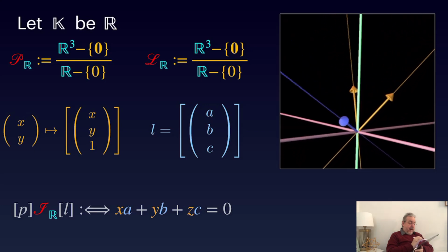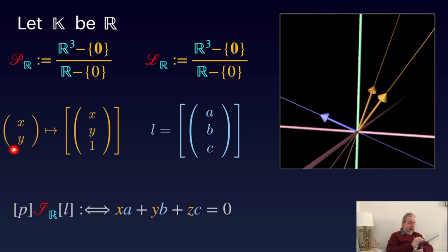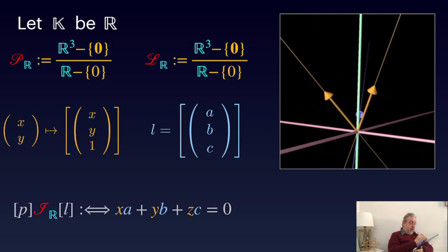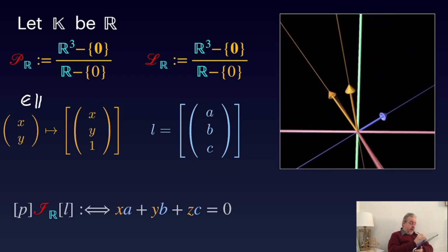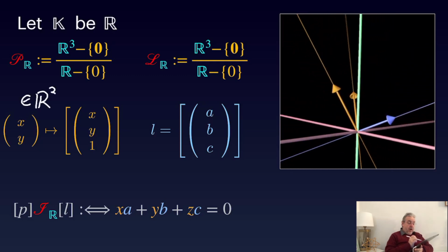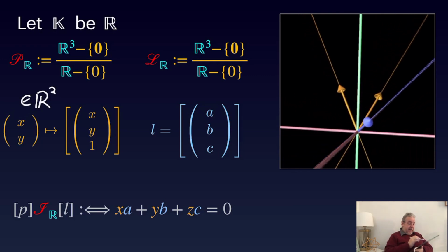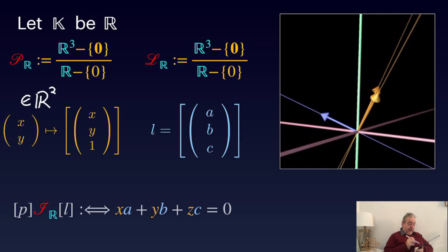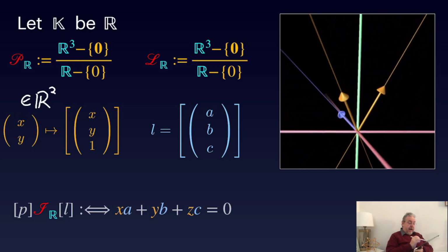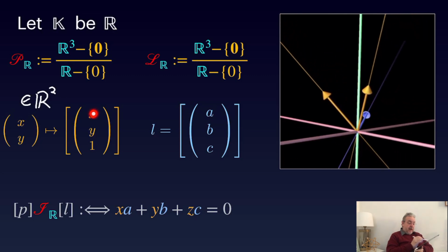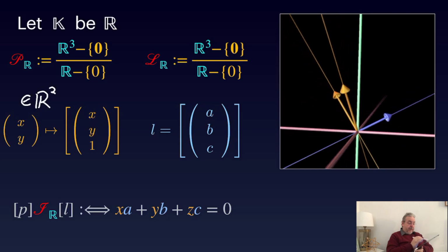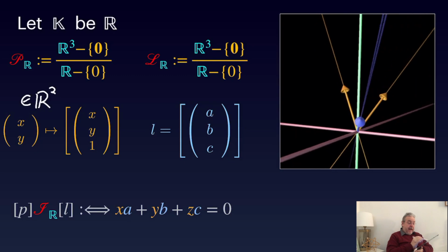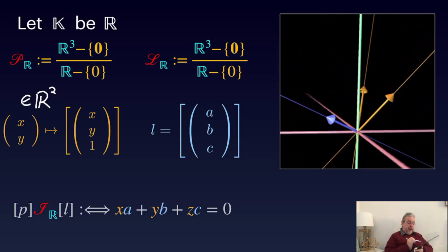We identify points in R2, so this one here should be a point in R2, with our projective embedding via this map: for a certain point xy, we consider the three-dimensional vector of x and y taken to the z equals 1 plane, and then we take the equivalence class of that.